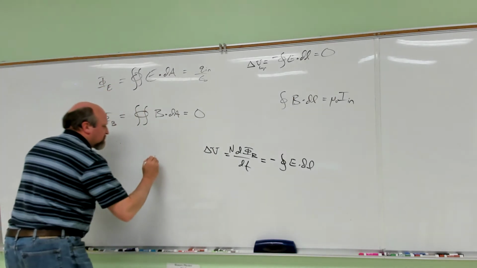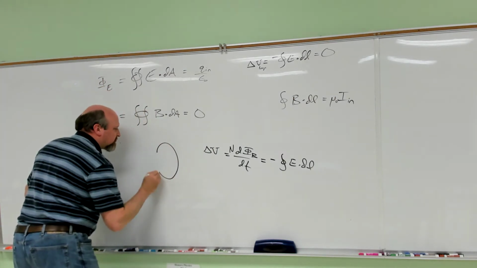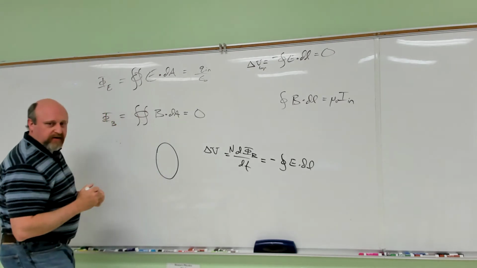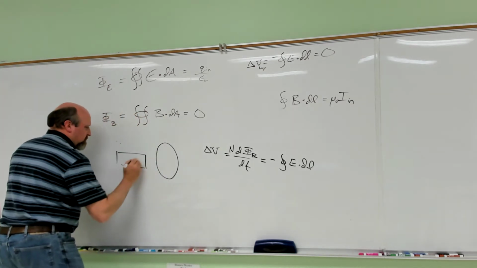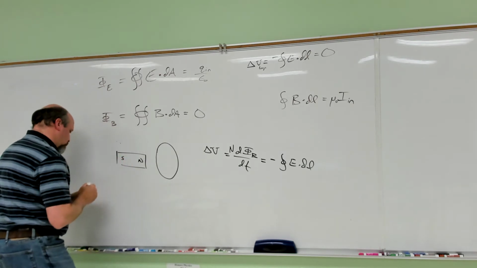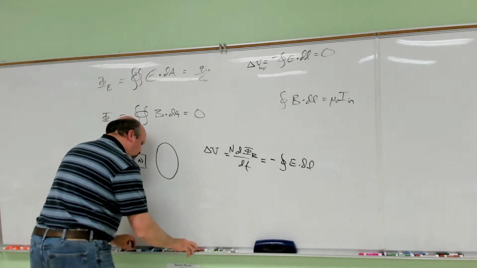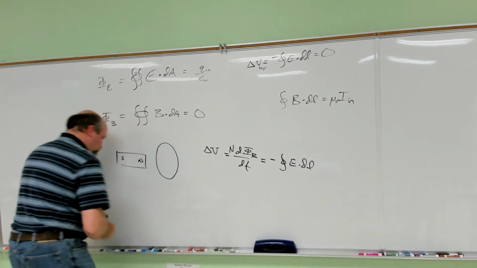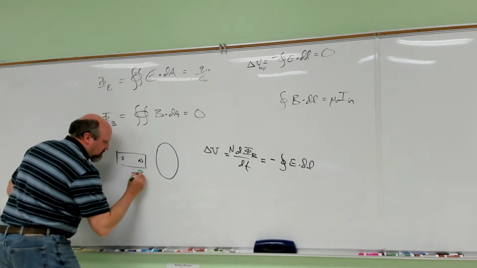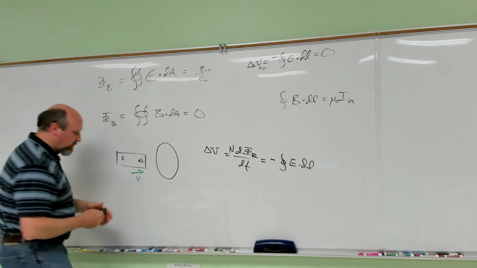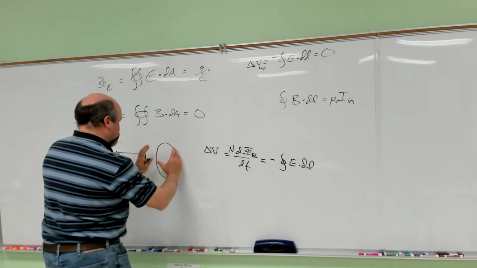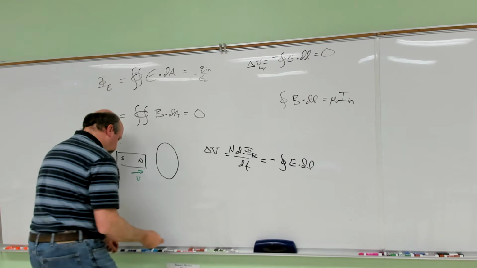Here is a loop of conductor, a loop of wire. What I'm going to do is take a bar magnet and move that magnet this way. It's got a velocity that way, towards the loop, towards the wire. Now, I have to try to make this a perspective picture, because I'm just showing magnetic field lines.